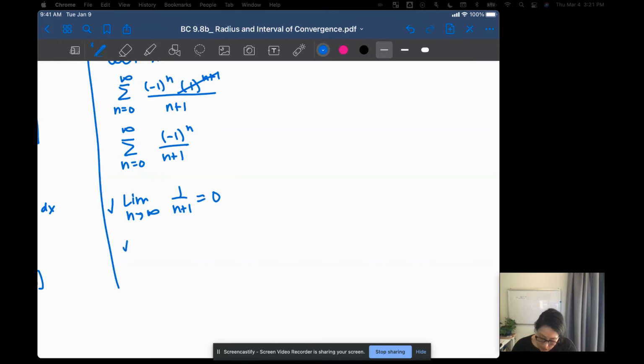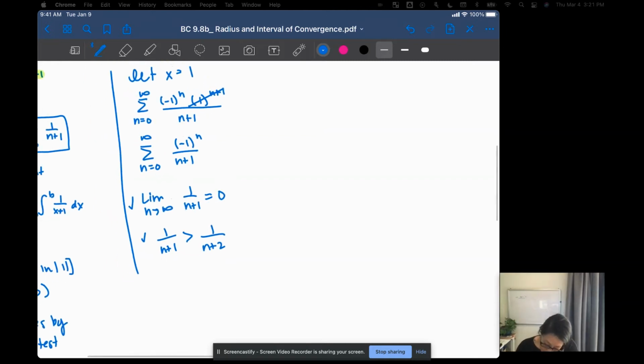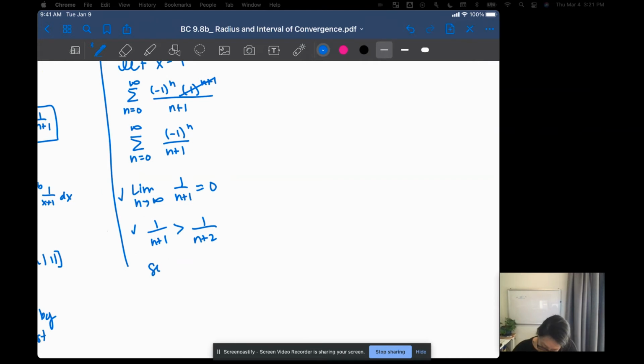That's the first condition. Second condition is n plus 1 compared to n plus 2. 1 over n plus 1 is greater than 1 over n plus 2, so the terms are going to decrease as time elapses. Okay, so the series converges by alternating series test.